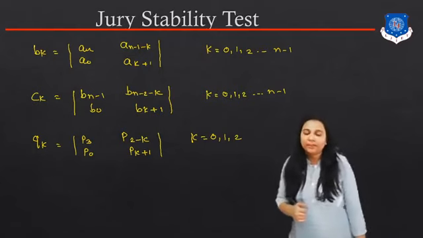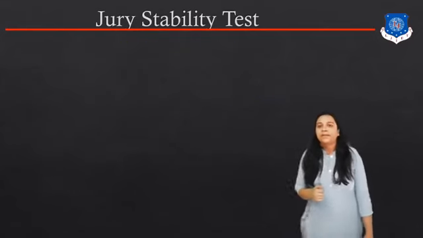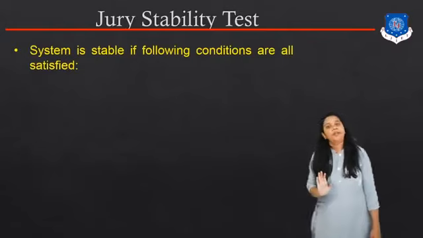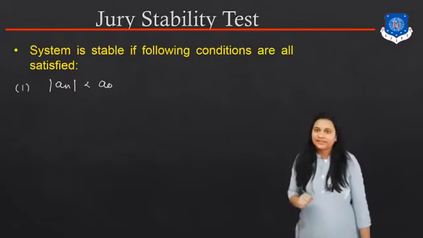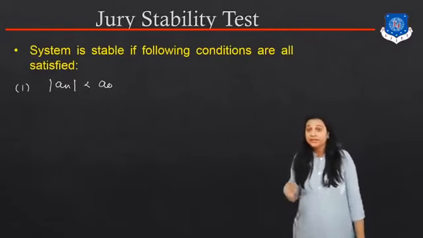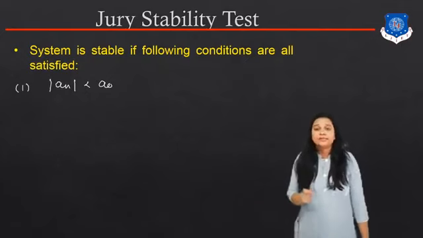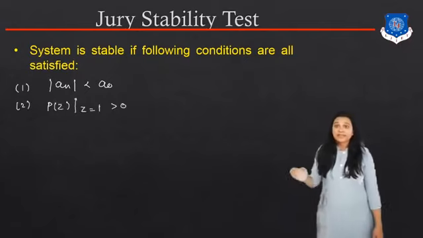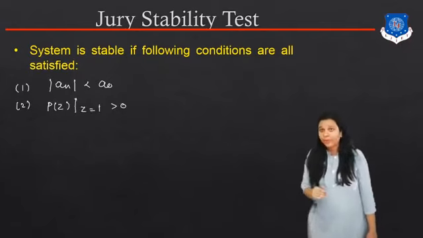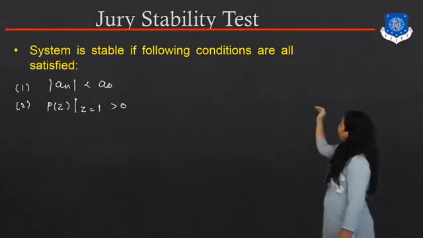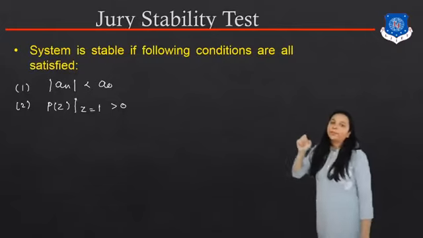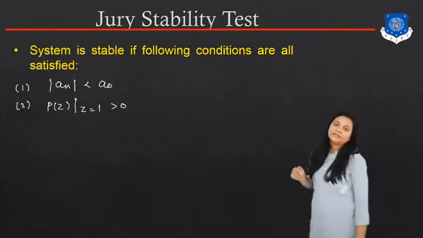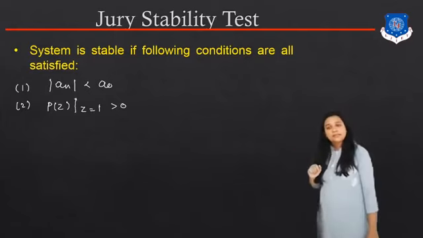Okay. So how is this stability test applicable? The system is stable if the following conditions are all satisfied. The first condition is the mode of an is less than a0. The second condition is P of z where z is equal to 1. We put z equal to 1 in the characteristic equation P of z, and if the answer is greater than 0, the second condition is satisfied.